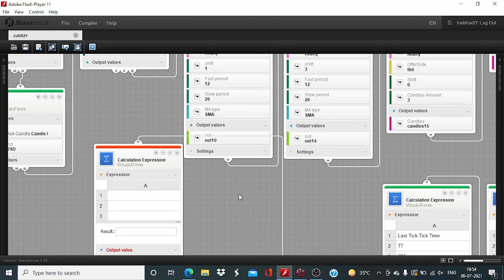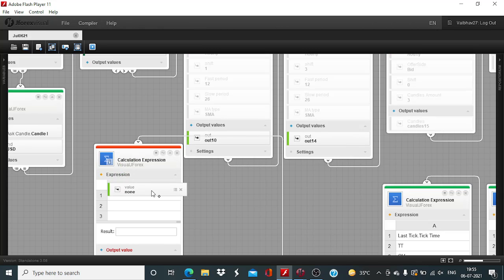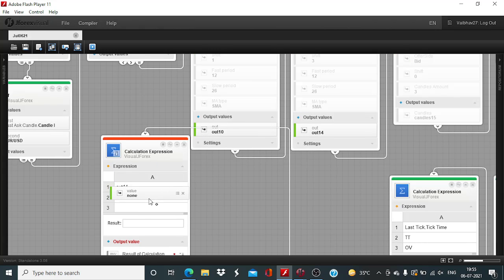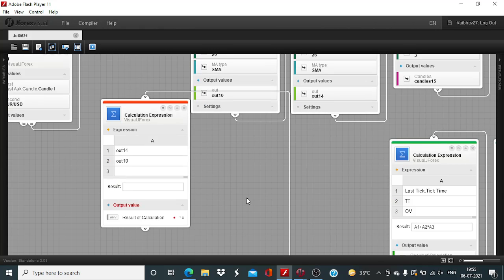And we will be deducting the out 10 from out 14. So out 14 I will take as the first input, and out 10 for sell trade to execute will need to be lower compared to out 14. So the calculation will be A1 minus A2.